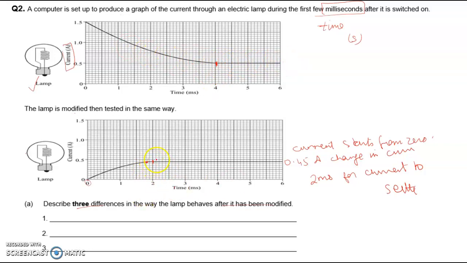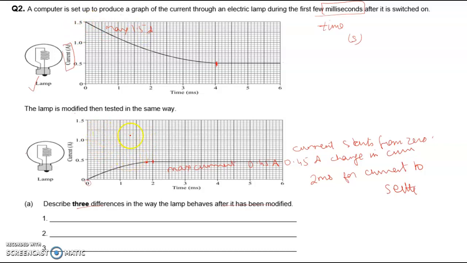Here you get the same amount of current, but very quickly. Now the maximum current in the second graph is 0.45 amps, whereas in the first one, the maximum current is 1.5 amps.